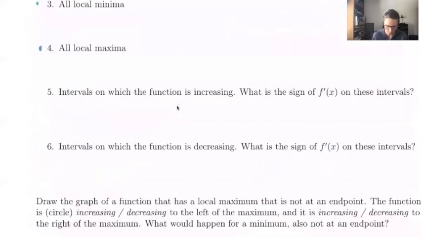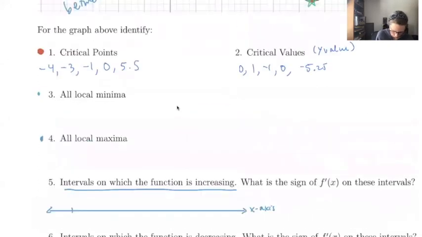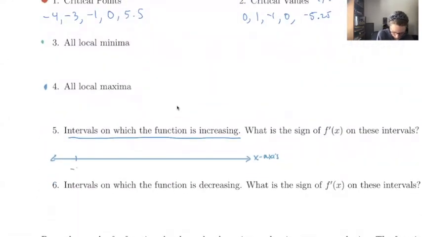So when we want to list intervals of increase and decreasing, what we can do is we can make an F prime number line, or an F prime line, however you want to think about this. And we can put all of our critical points on it. So the critical points are -4, -3, -1, 0, and 5.5.